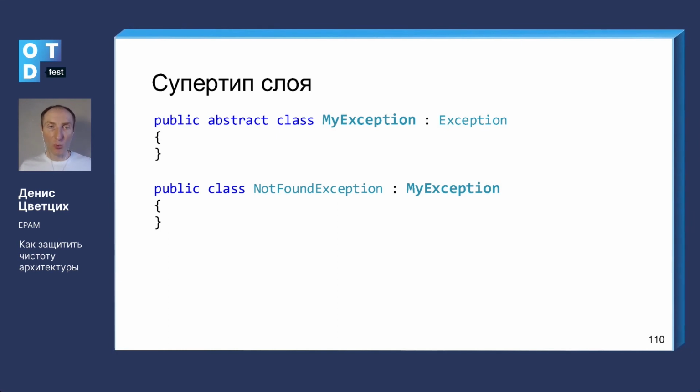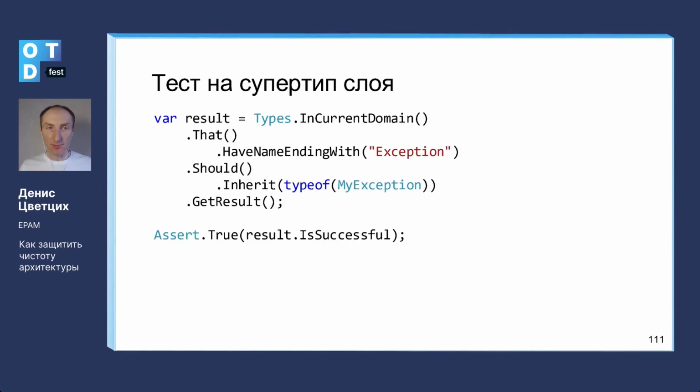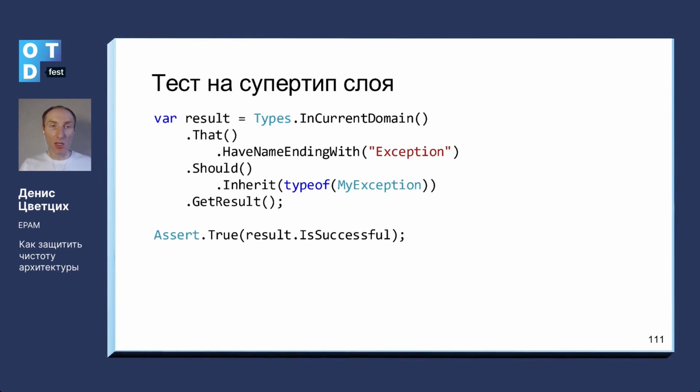We can also check the layer supertype. We can work with all exceptions, and we see the exceptions that are generated by our apps. They should inherit from a base exception. We can address it in a different way: to dive deep into the framework, we get all the supertypes that are in the current domain, and they should end in Exception.